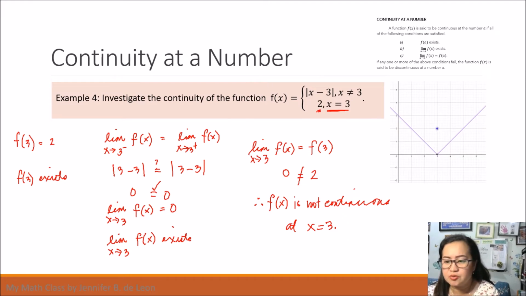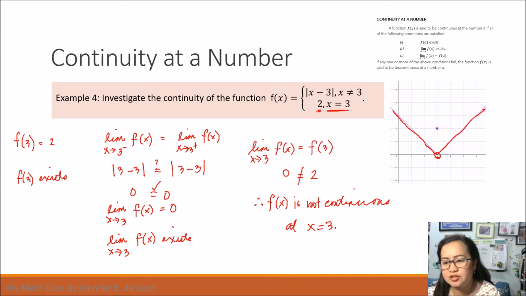So take a look. Since in the absolute value of x minus 3, x is not equal to 3, this should be an open hole or an unshaded dot. So if we trace this, then we will be interrupted by this hole before proceeding to the other part.